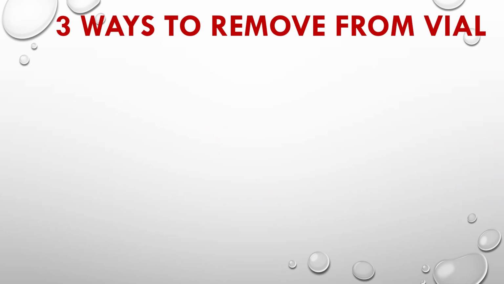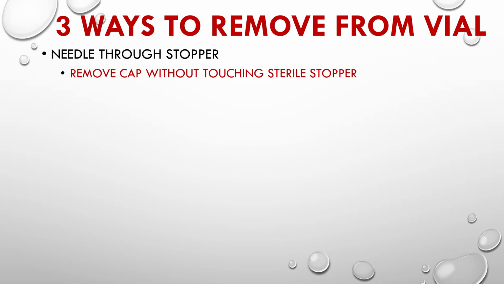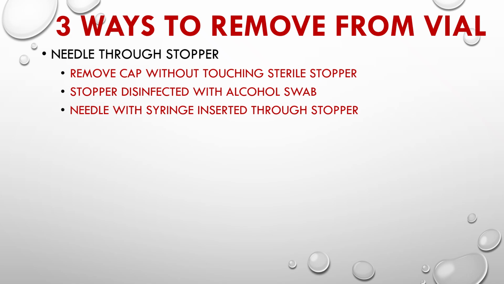There are 3 different ways to remove the contents from the vial. One, probably the most common, is inserting the needle through that rubber stopper or septum. So you just remove the cap without touching the sterile stopper, disinfect that with an alcohol swab, and then puncture the needle of the syringe into the stopper and withdraw the solution.